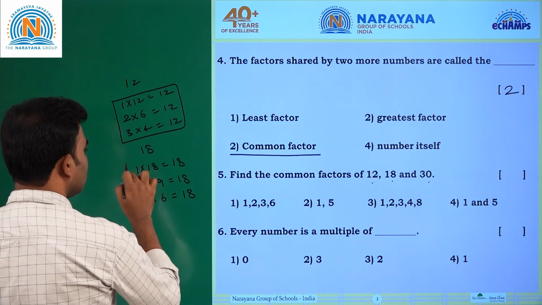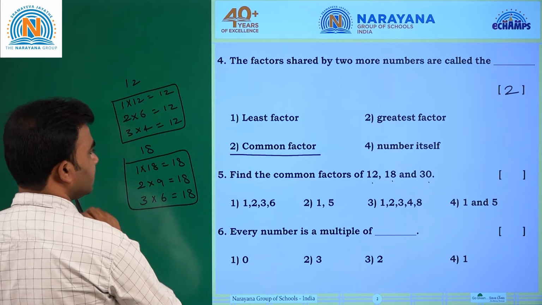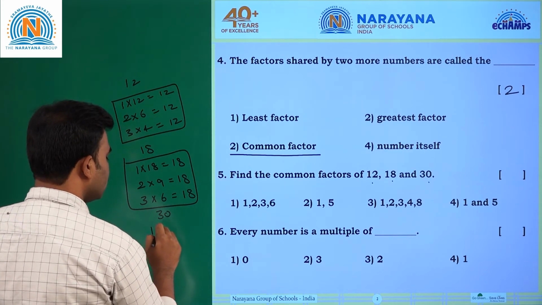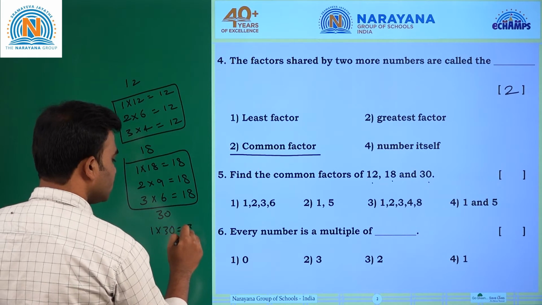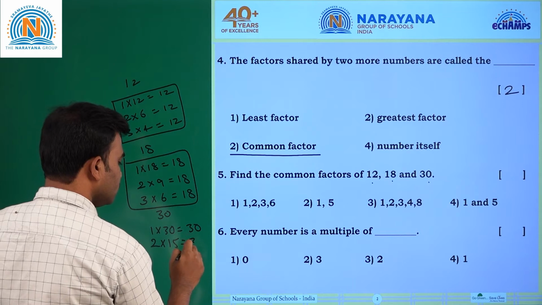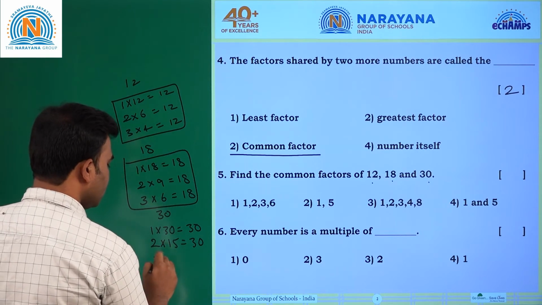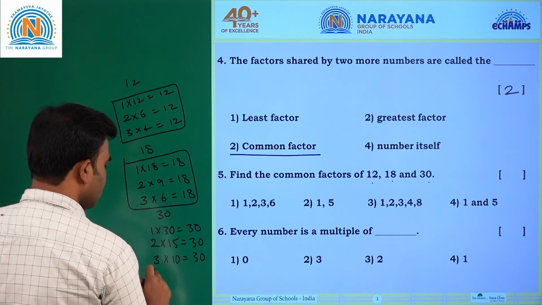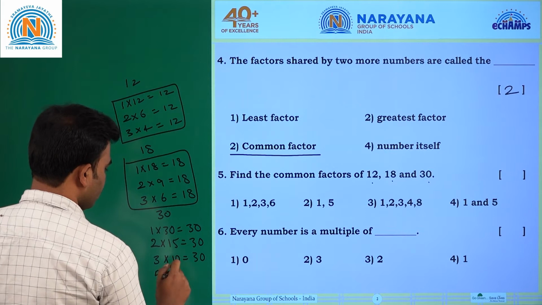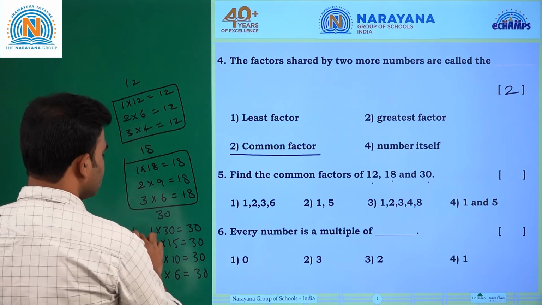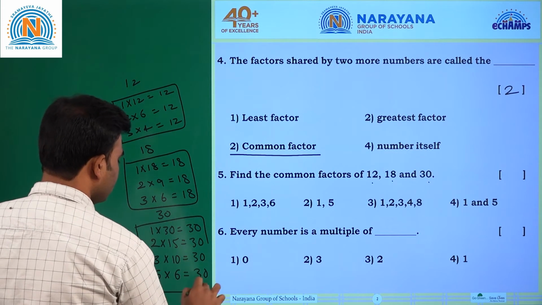These are the factors of 18. And 30 can be written as 1 into 30 is equal to 30, 2 into 15 is equal to 30, 3 into 10 is equal to 30. Next, 5 into 6 is equal to 30. These are all the factors of 30.